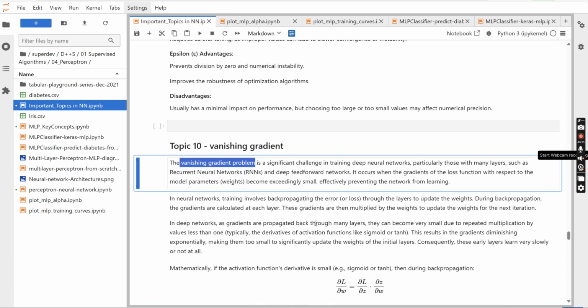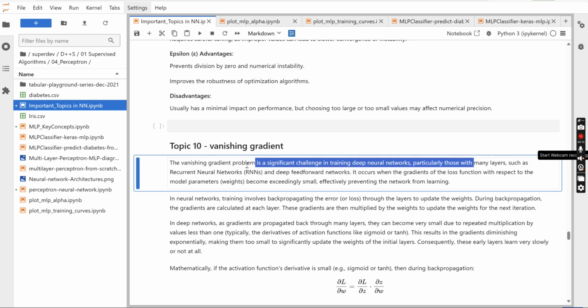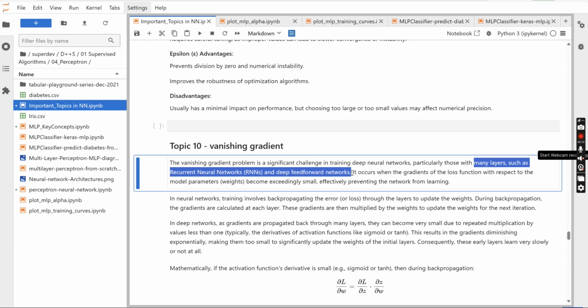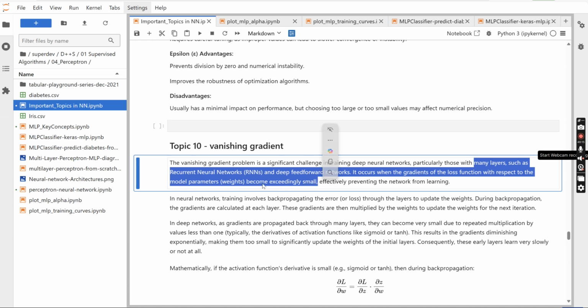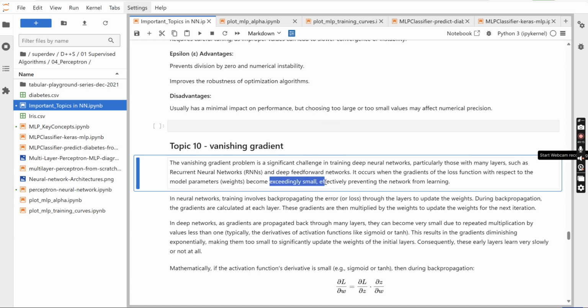So the vanishing gradient problem is nothing but when you have too many hidden layers in certain types of networks, your gradients become exceedingly small, thus preventing the network from learning. Every time you hear the word learning, understand that you are finding the weights, optimizing the weights.